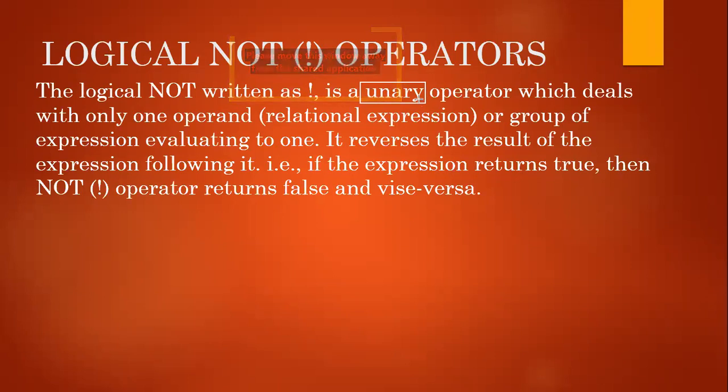So it deals with only one expression, or we can have a group of expressions, but the result of that group comes out to be one. So we can use logical NOT for that.